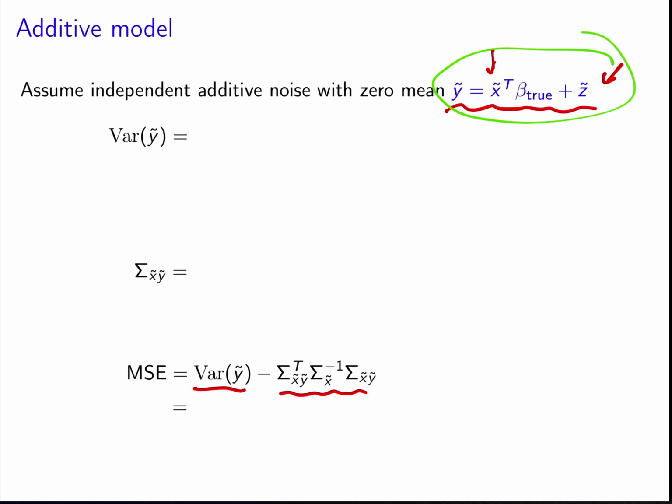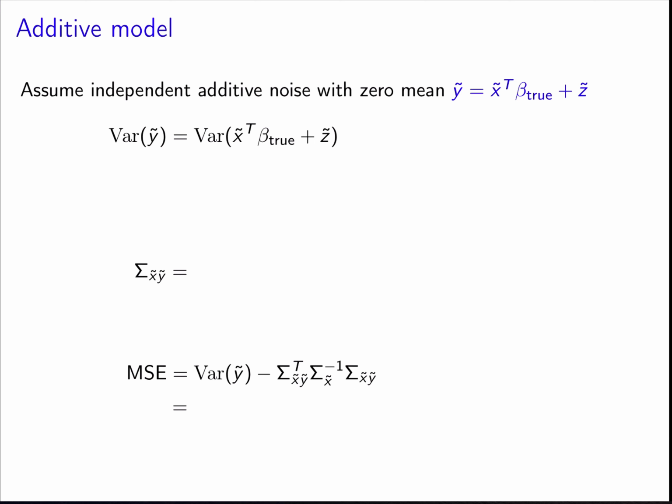So let's compute the variance of y. These are two independent quantities, so the variance of their sum is just going to be equal to the sum of their variances.